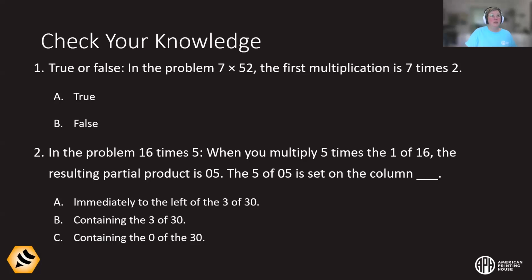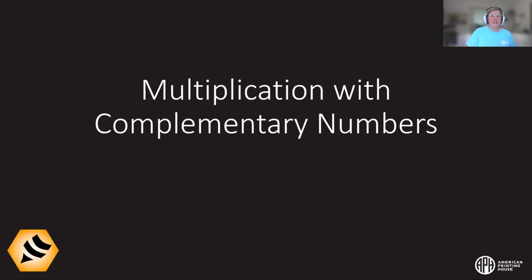I think I wrote it in reverse. And I think if you try it then, you would find that you are adding the 5 in the column that contains the 3 of 30. So thank you. You guys caught me in my own error. I just wrote it backwards for you guys.